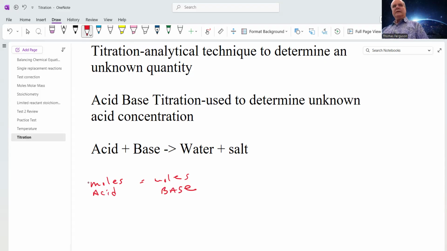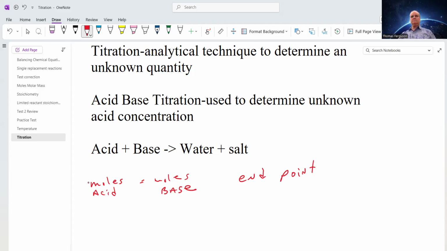You're just going to have water and a salt, sodium chloride or whatever. At this point, if we don't know the moles of acid, we can calculate it because we know the moles of base. Okay, and this point is called the endpoint.